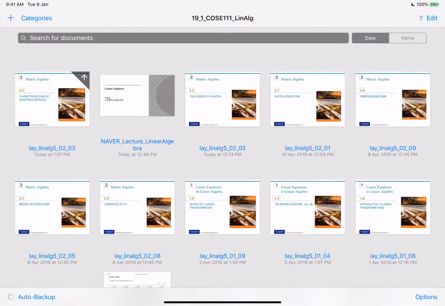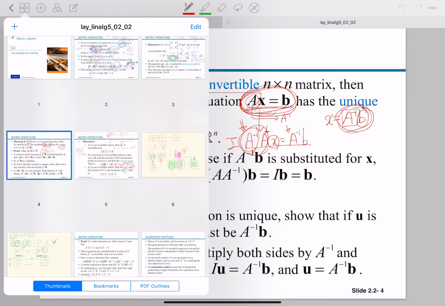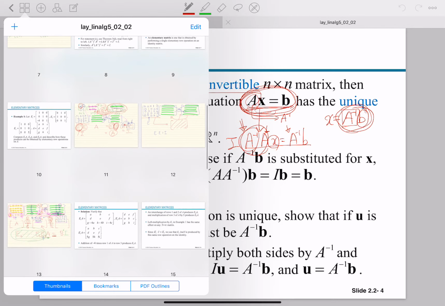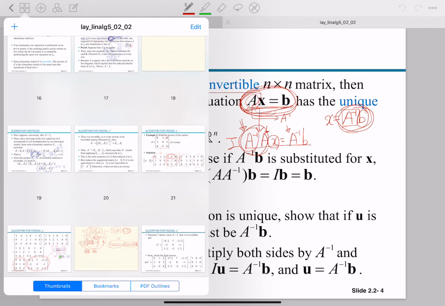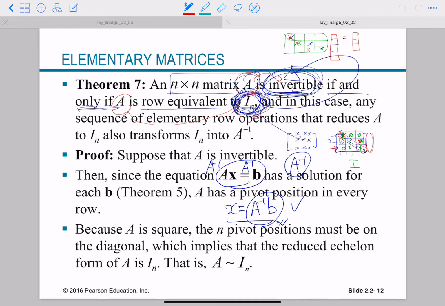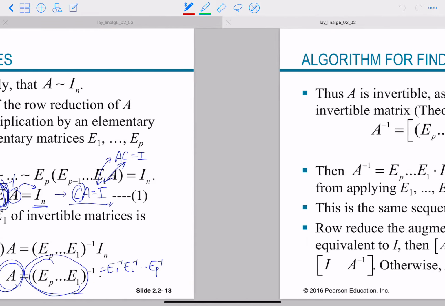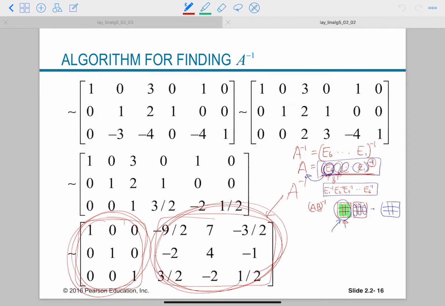And also, I think I forgot to mention one additional thing related to this theorem. We studied how to obtain our inverse.